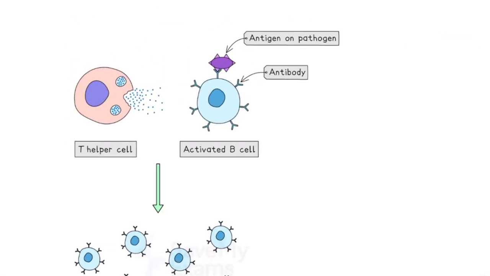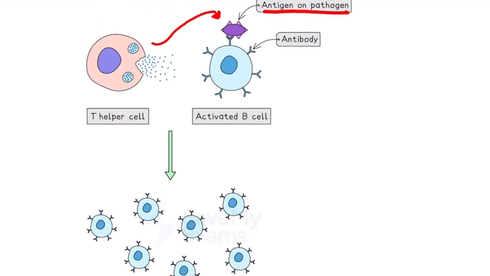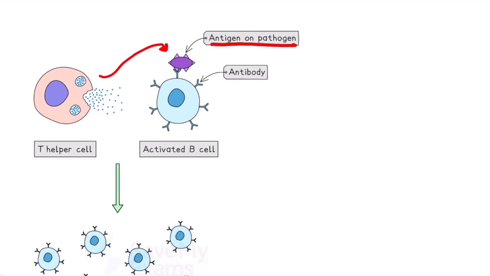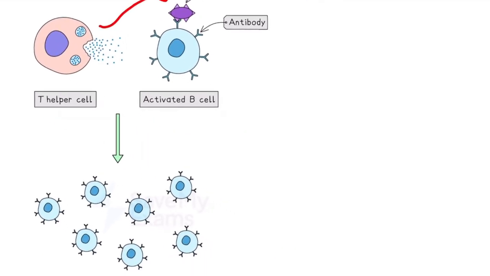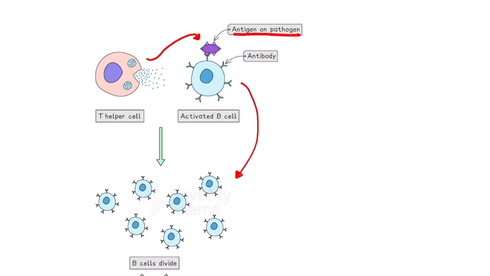So over here, our B cell has been activated. As you can see, it's got the antigen of the pathogen present on its surface. Now, once it's been activated, the T helper cell will come and bind to this B cell over here. It's been activated because the T cell has come and bound to this B cell. And what happens is that this B cell multiplies in numbers to produce lots of copies of itself.